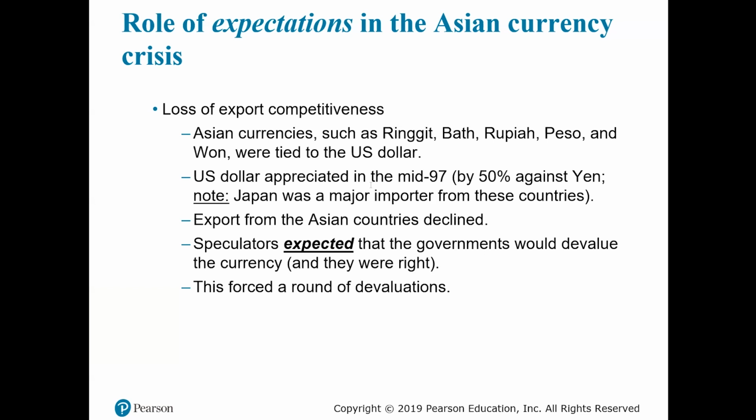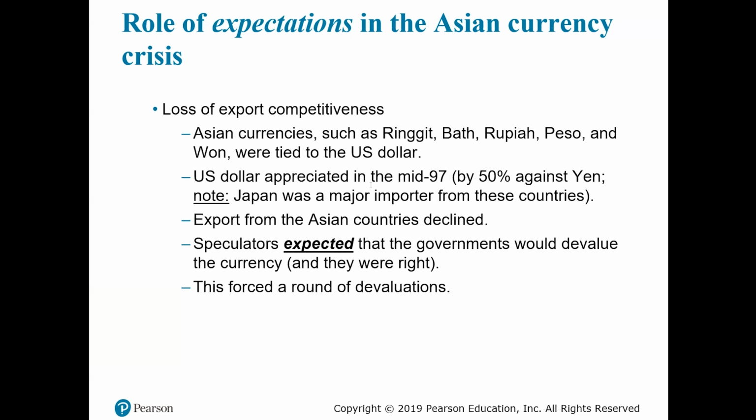So when the value of the Malaysian ringgit or Thai baht actually declined, they could sell their US dollar to the market. They purchased US dollar with Asian currencies, and they were actually the speculators. Actually, they were right. The governments of the Asian countries devalued their currency.